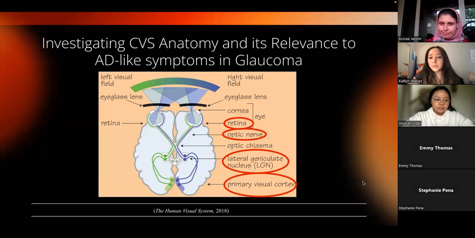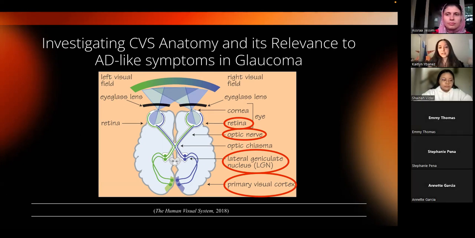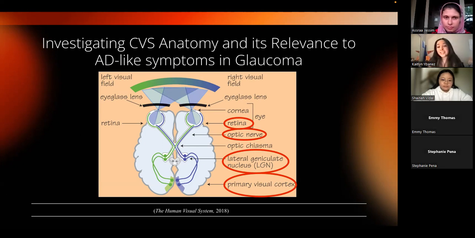Here in red, the researchers were investigating the retina, the optic nerve, the lateral geniculate nucleus, as well as the primary visual cortex. Just by noticing this figure, we can see how all of these structures are related to the eye. I'm going to draw your attention to the lateral geniculate nucleus, the LGN.